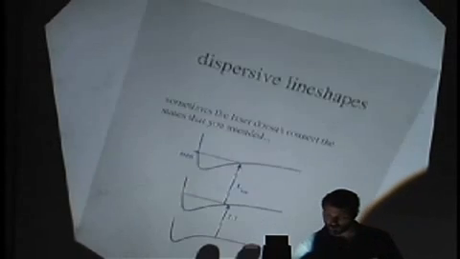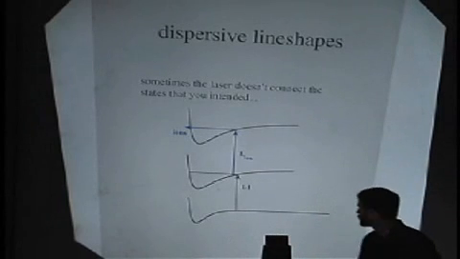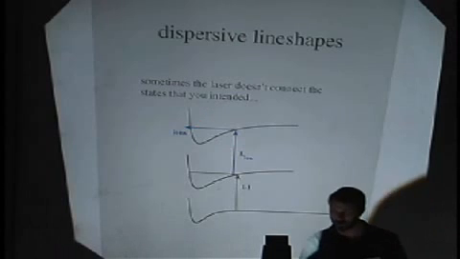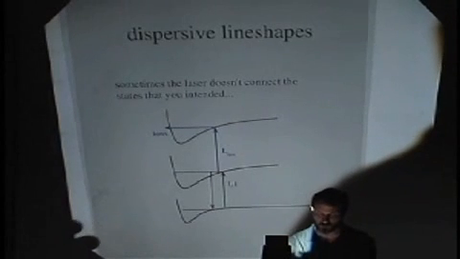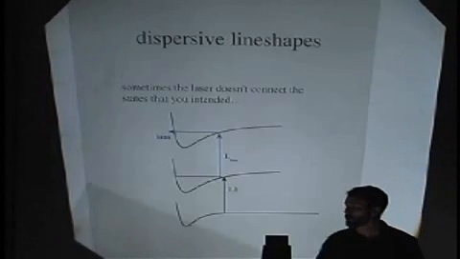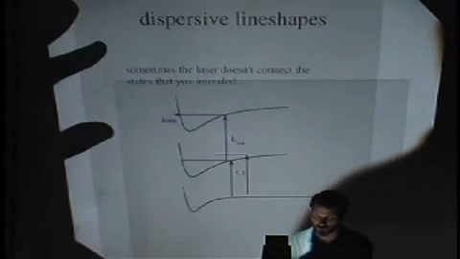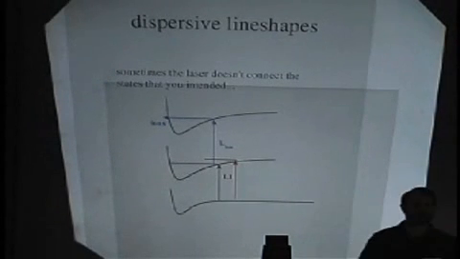You end up playing around with these things. You set up your photoassociation and ionization laser, and you put in your other laser, and it doesn't always behave the way you want. Sometimes it rolls in there in the wrong place, and it does something that looks more like that.